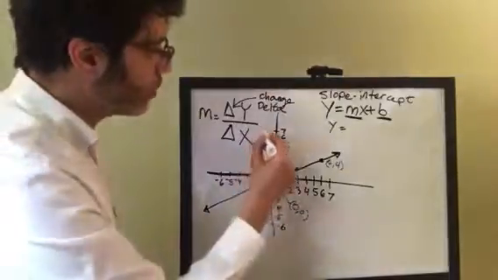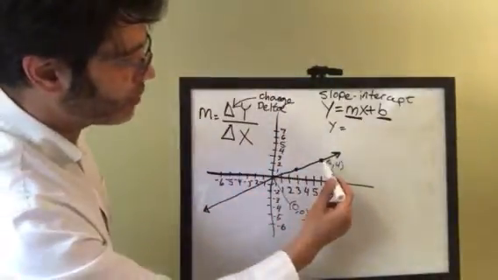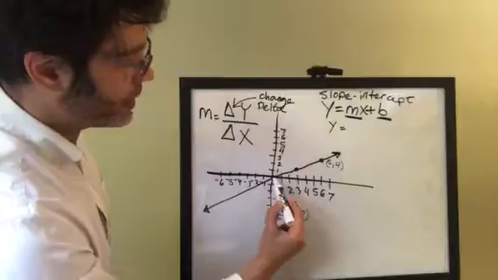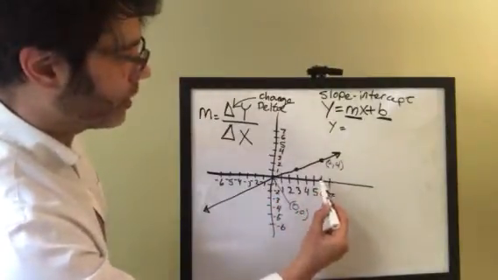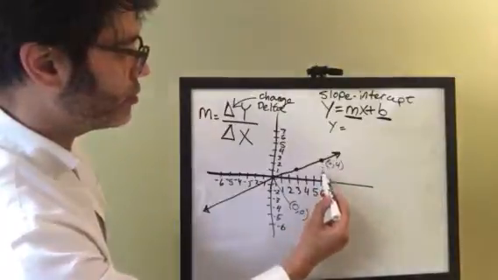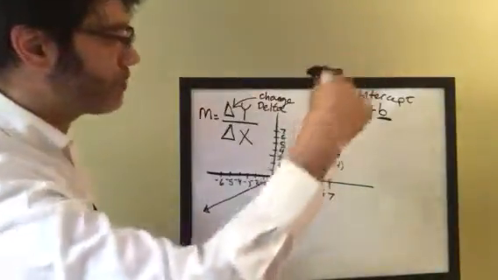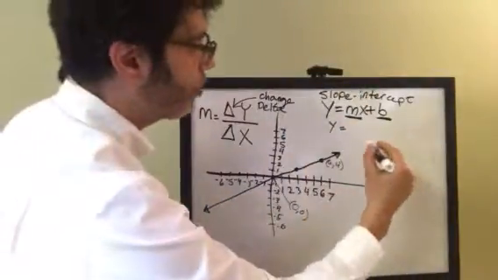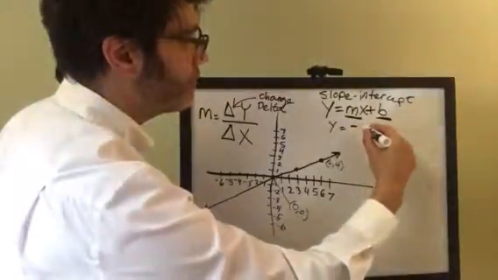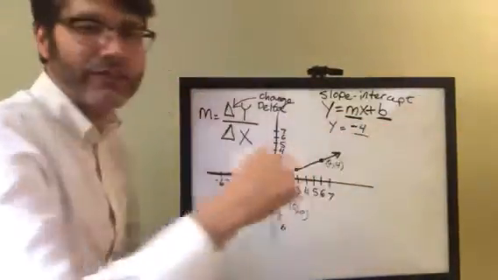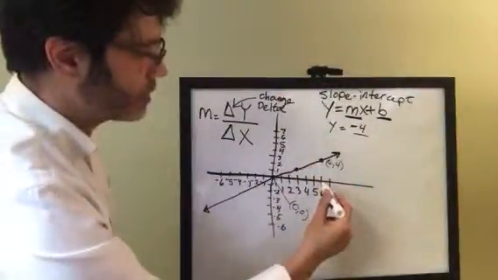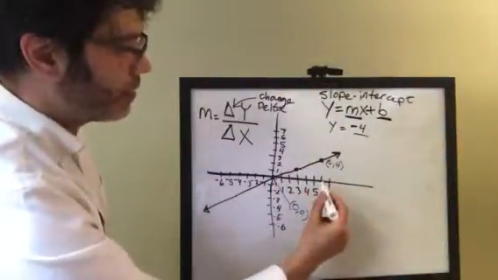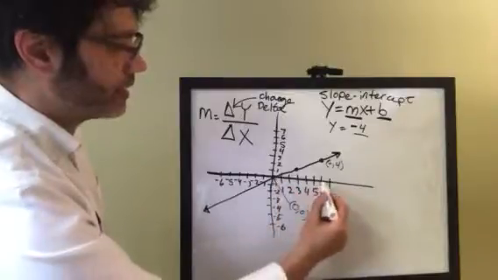So what is our delta y? If we're starting here and we want to get down here, we need a drop. We need to drop 4. So we go drop 1, 2, 3, 4. Since we dropped 4, that is a negative 4, because it's a negative change. We're going down 4. Now that we're over here, we need to go to the left. How much do we go to the left to get back to the line? 6.